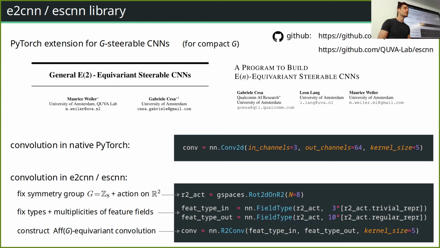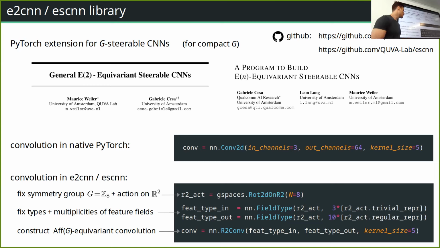Is there some intuition for why discretizing it still works? We can also work with continuous symmetries, but then we can only use certain field types, like irreducible representations. I don't know whether you know what that is.